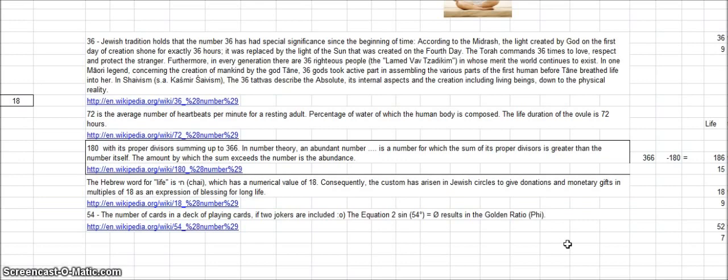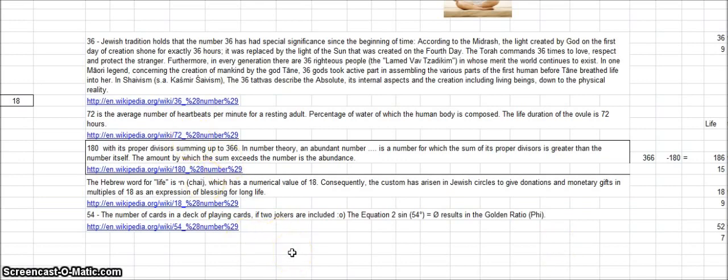And in number theory, the difference between the 366 and the 180 is what you would call an abundant number. Isn't that appropriate? This is basically what's left over and above the 180 you started off with. And of course, abundance is what you give out, whether it be to yourself or to someone else.